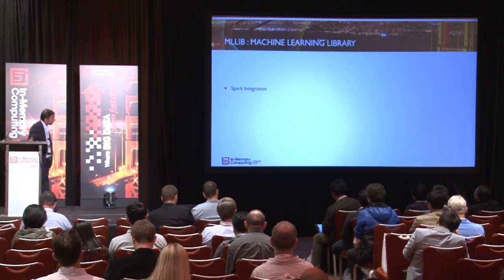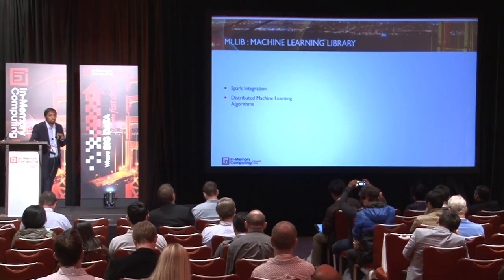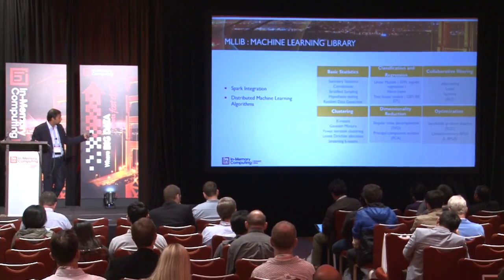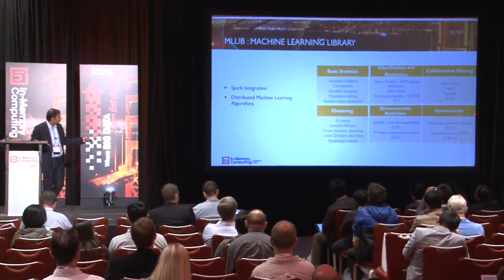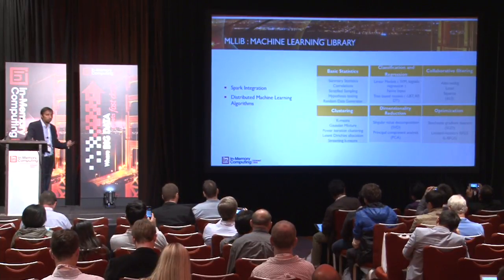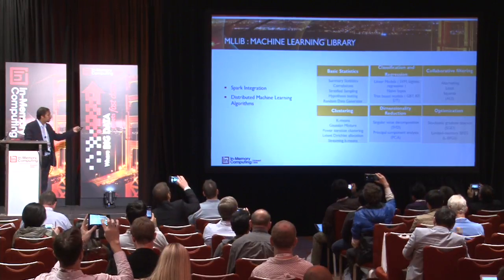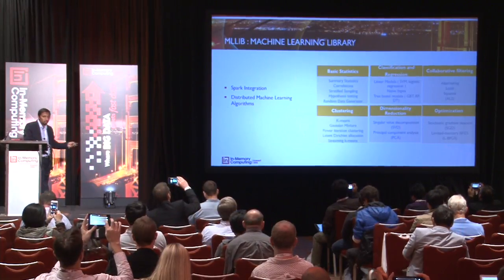Machine learning, as I said, was the most important factor for us. It has very good integration with Spark, and there are a bunch of distributed algorithms. The most important thing for us was the optimization algorithm, where we had written our own algorithms on top of it, because most of the decision-making algorithms are not there in Spark.